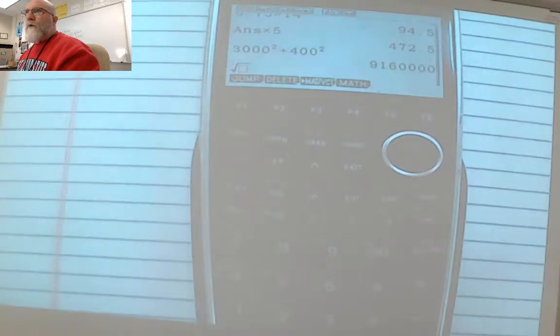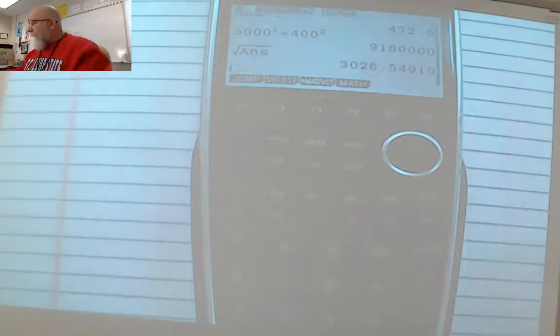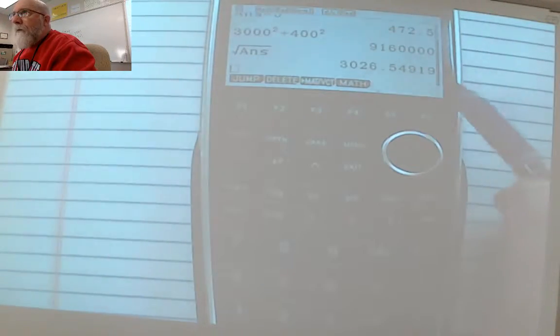You guys know how to do that, right? Go second answer, right? It's a shift. So I'm not rounding this here. I'm going to leave all these decimal points on my calculator. Does everybody understand that?